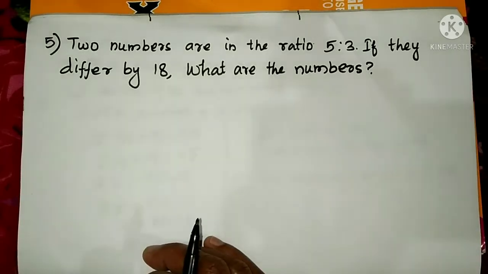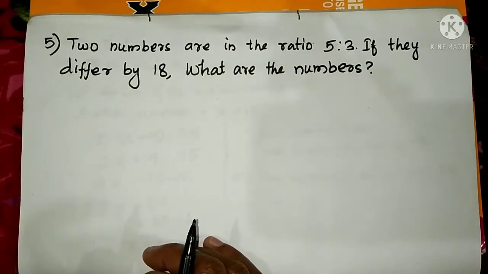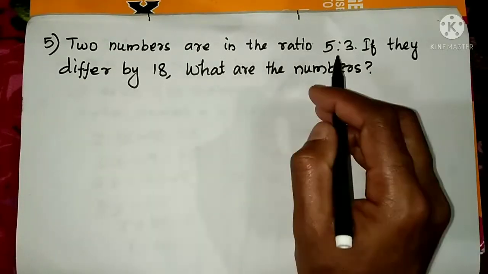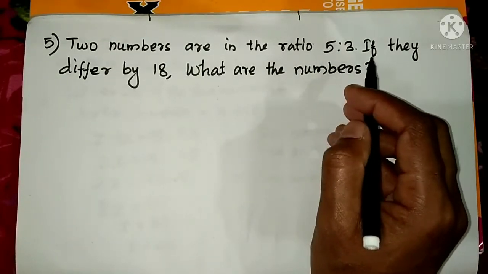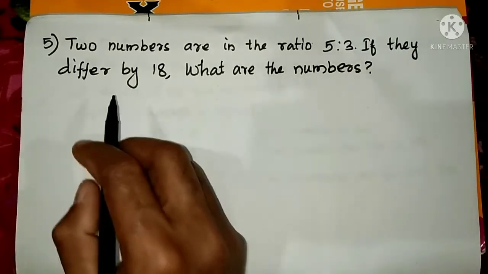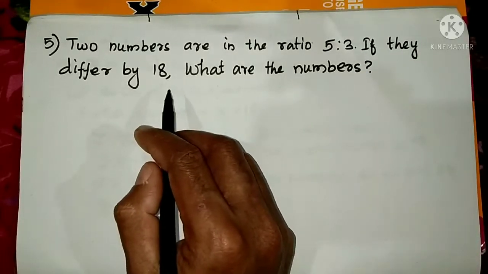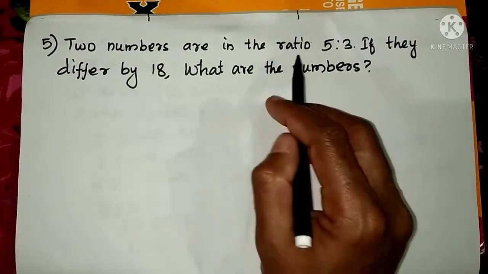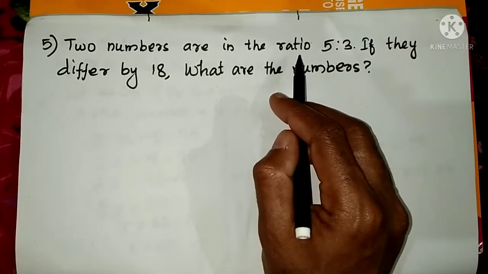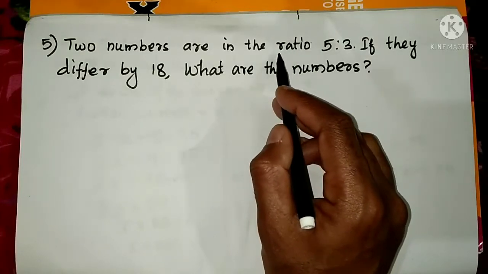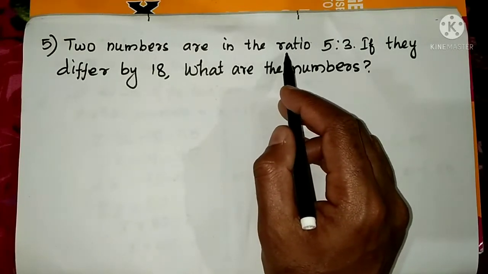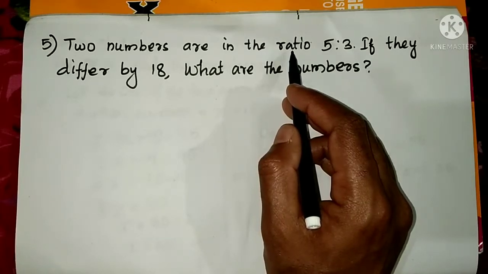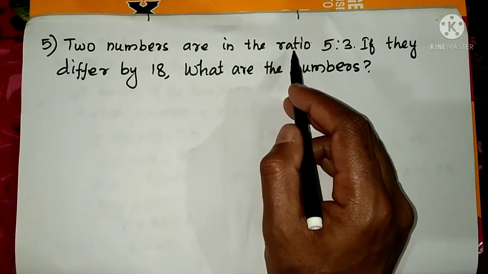Let us solve this fifth question. Two numbers are in the ratio 5:3. If they differ by 18, what are the numbers? Here the ratio of two numbers is given. What is meant by ratio? Ratio is a comparison of two values in the simplest form.